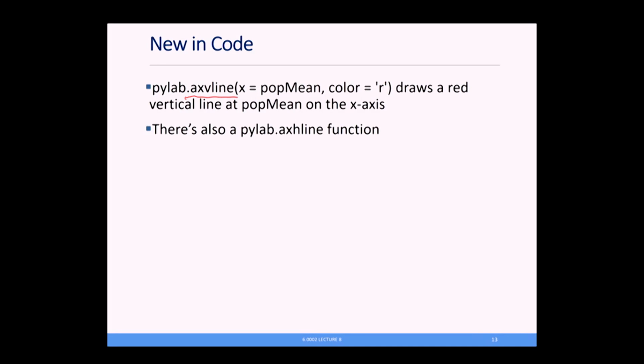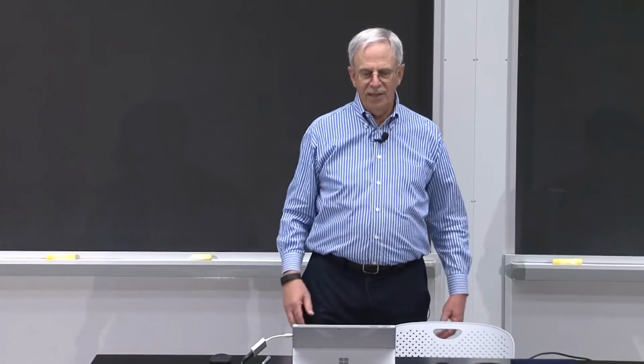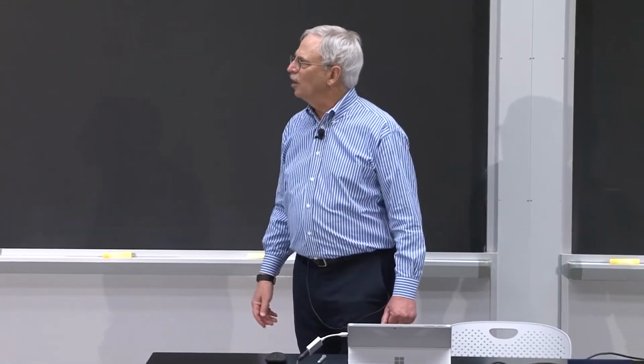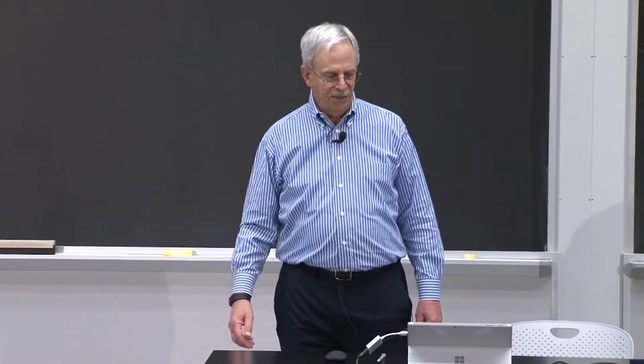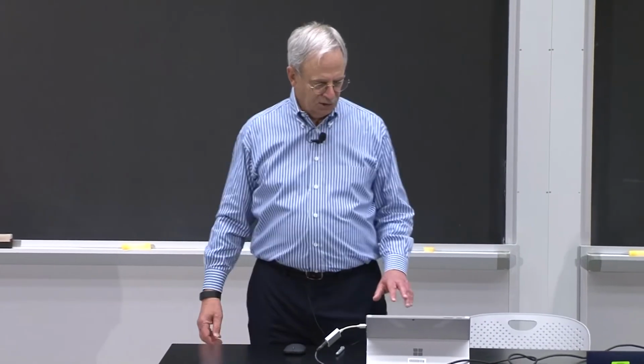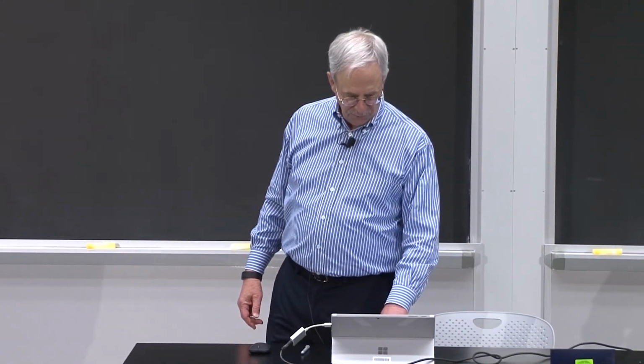It just, in this case, will draw a red line, because I said the color is R, at population mean on the x-axis, so just a vertical line. So that'll just show us where the mean is. If we wanted to draw a horizontal line, we'd use ax.hline. Just showing you a couple of useful functions.